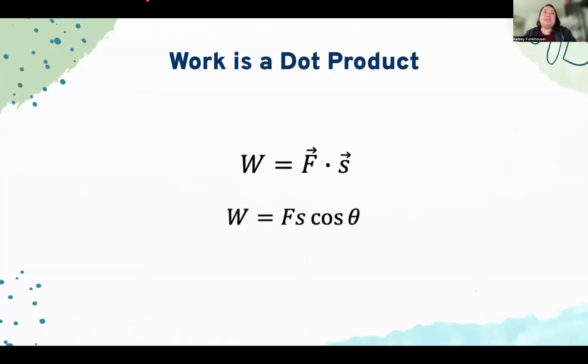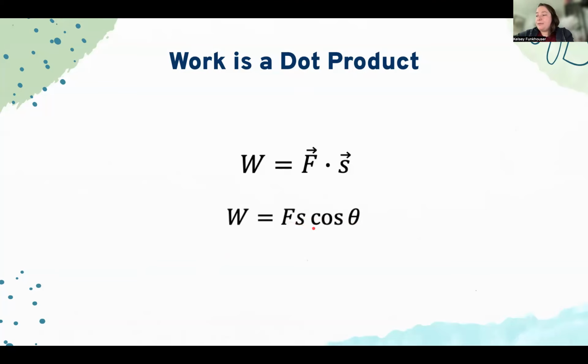So another thing to note is that work is a dot product, which is the relationship between two vectors that results in a scalar. So work is a scalar, not a vector. It doesn't have a direction. But force and displacement are vectors. And so this relationship we have here, work equals the force times the displacement times cosine of the angle, comes from the dot product.